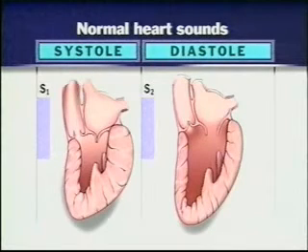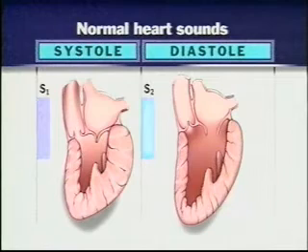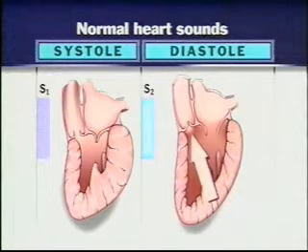Before auscultating the heart, let's review normal heart sounds. Closure of the heart valves creates a pair of audible heart sounds. The first sound, S1, accompanies mitral valve closure. The second sound, S2, accompanies aortic valve closure.